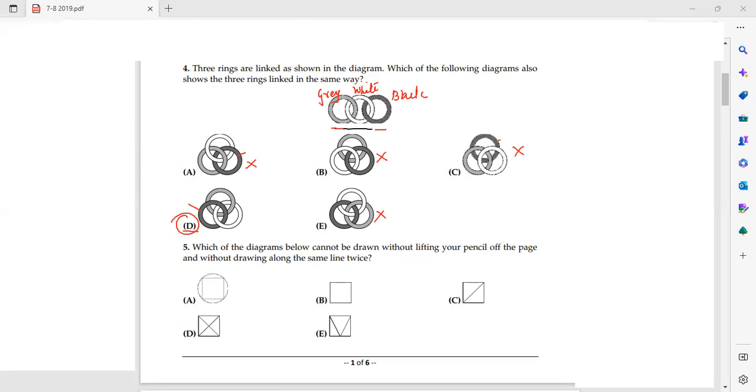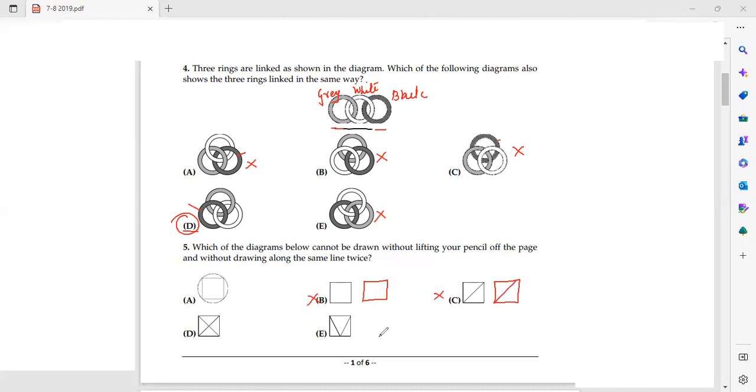Now let's go to question number 5. Which of the following figures below cannot be drawn without lifting your pencil off the page and without drawing along the same line twice? We can draw B, you can just go like this. So B is possible. So B is not my answer. Similarly, we can draw C like this.